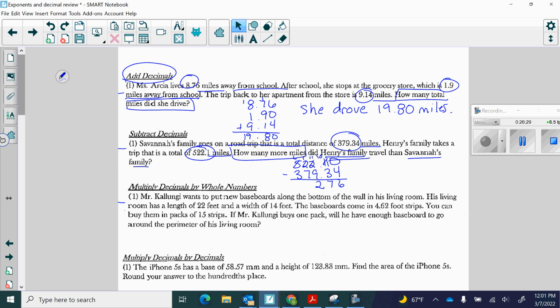Can't do it. 11 minus 7? 4. And 4 minus 3? 1. And line up my decimals. So, Henry's family traveled 142 and 7/600 miles more. Any questions about that one?